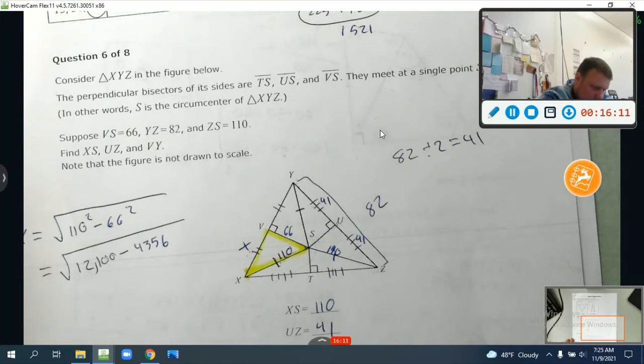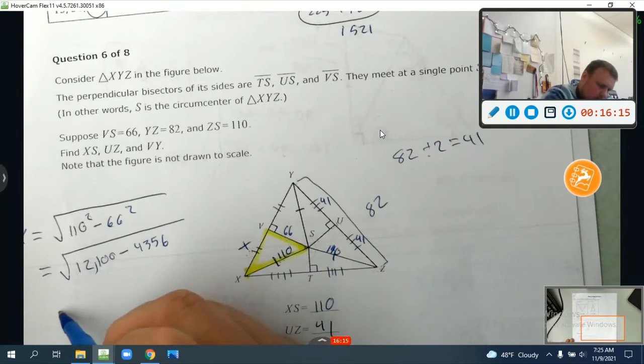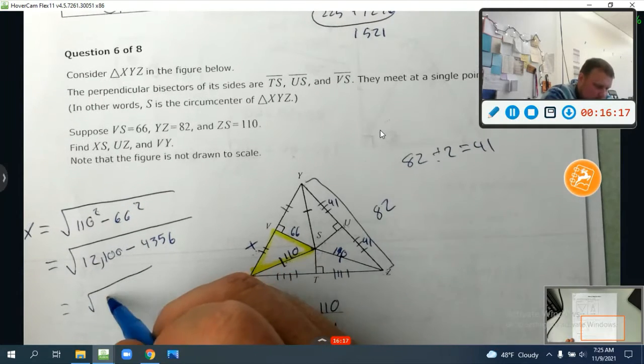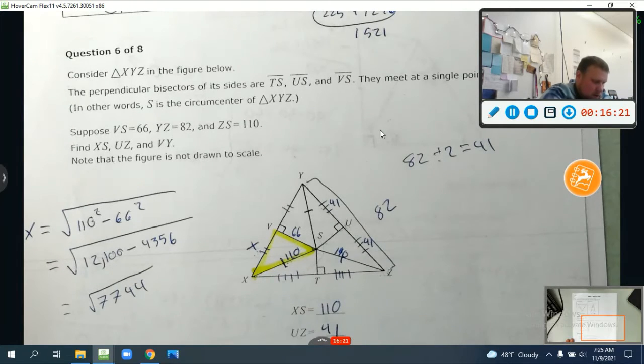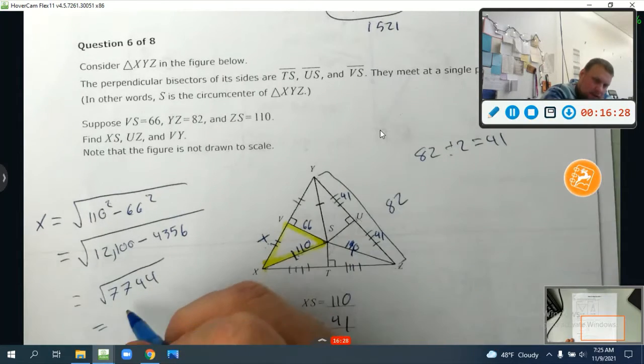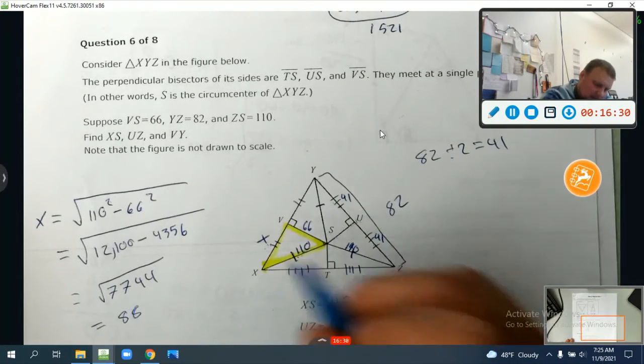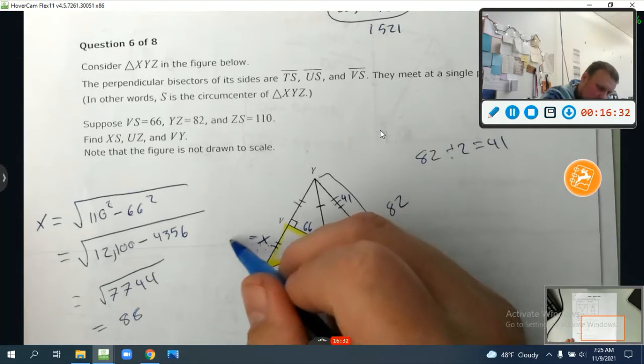Let's see. That equals the square root of 7,744. And second function, square root of 7,744. Ooh, that's nice. That's 88. Look at that. So I know that this measure is equal to 88.